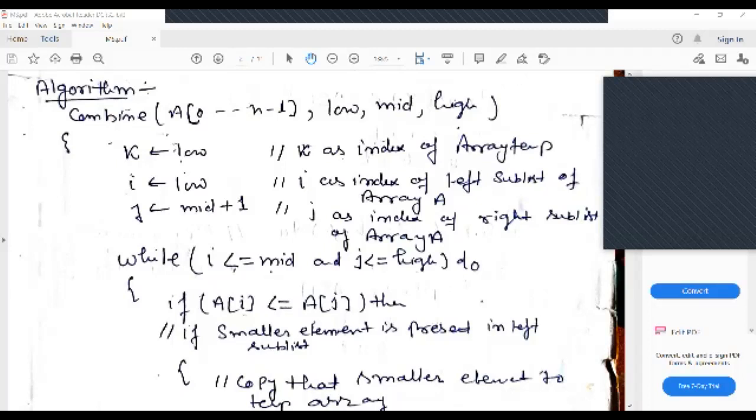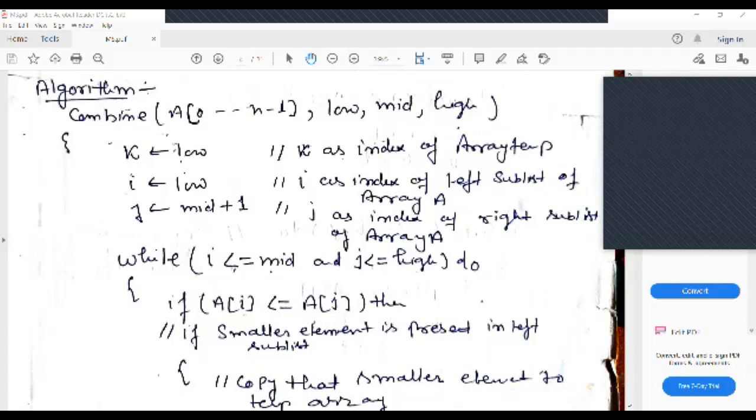I is being initialized with the low value, that is the low index of the first half, the left subarray. And j is being initialized to mid plus 1, that is the low of the second sublist.